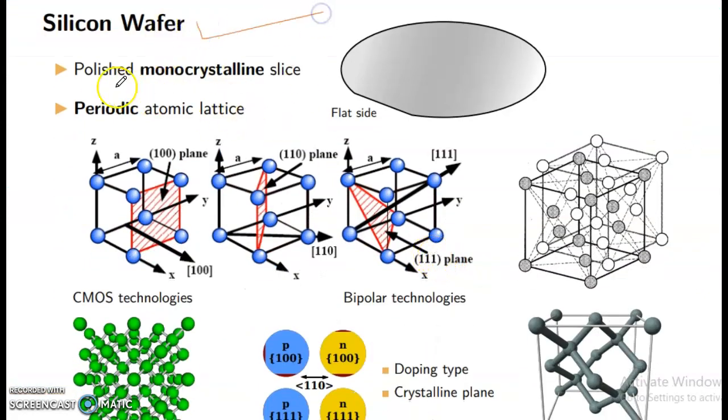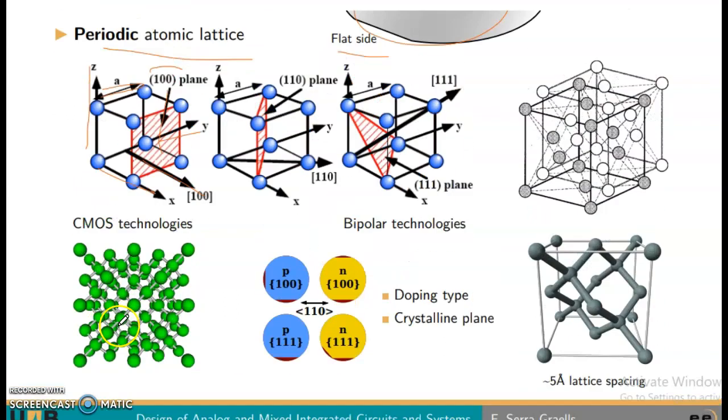Silicon wafer: polished monocrystalline slice, periodic atomic lattice, flat side. Here the 100 plane on each axis. This is the x-axis, the z-axis, and here the y, with a distance between them.